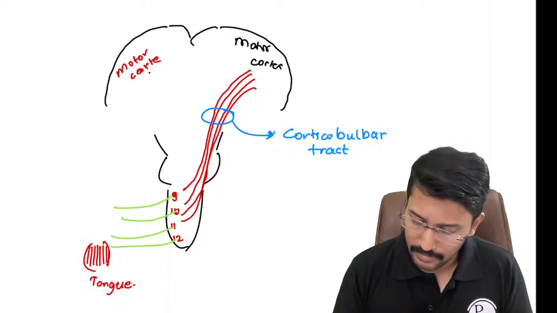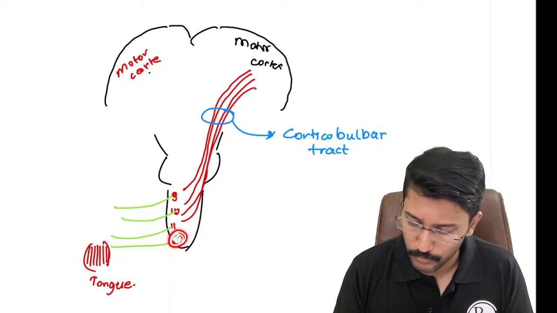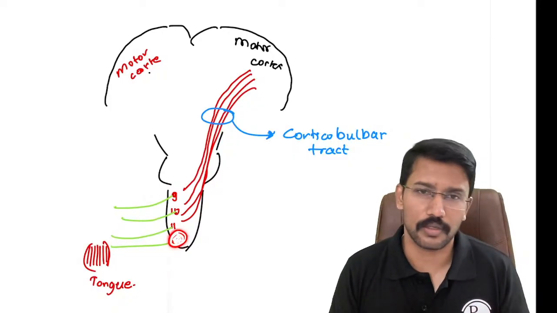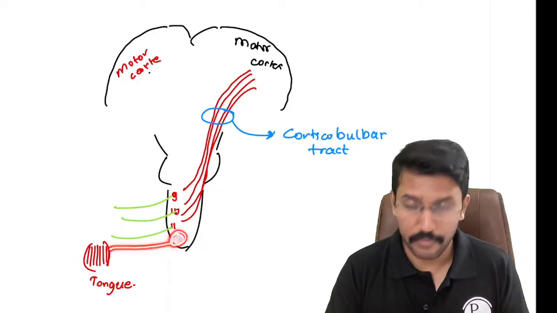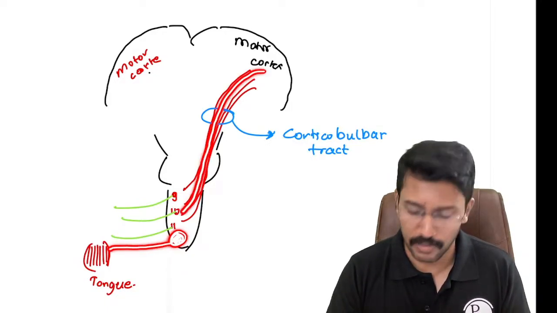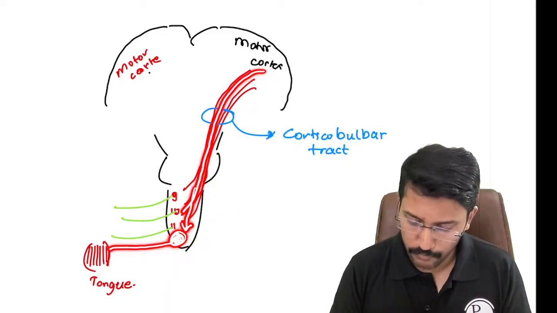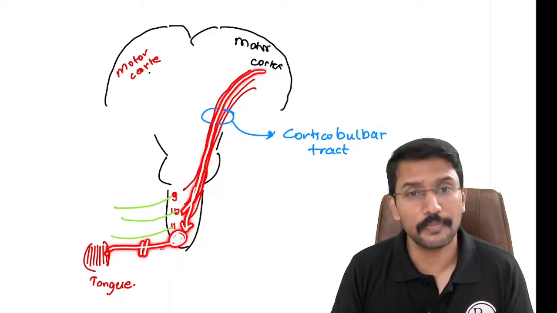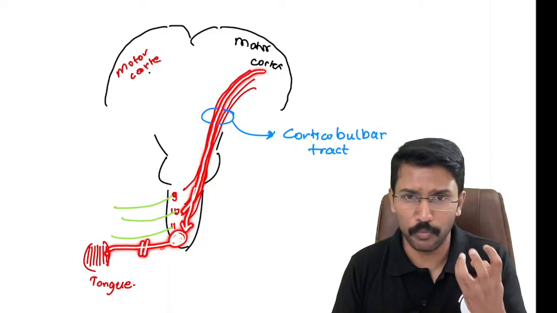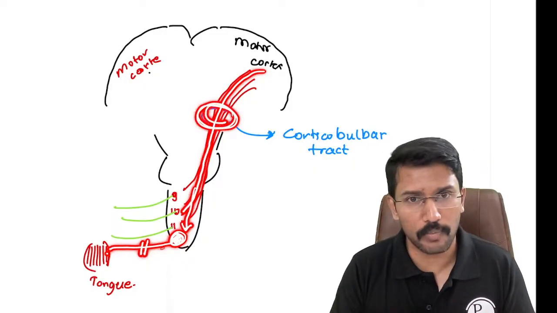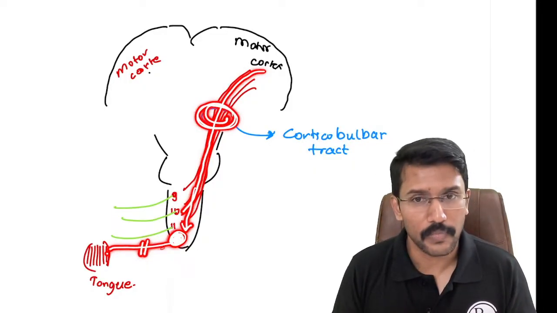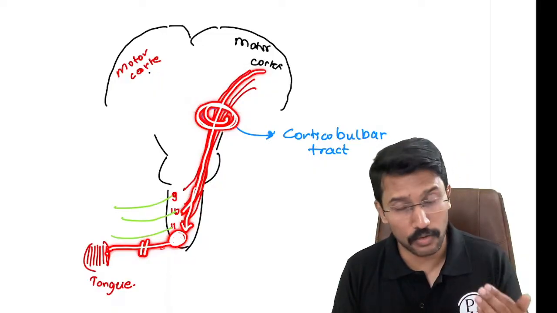And if I directly have a tumor sitting on the 12th cranial nerve nucleus, what is the outcome? Again, the tumor will not let the 12th cranial nerve function fine. Even if from my brain I send the signal, it will come to the 12th cranial nerve nucleus, but from there it will not be able to reach the muscle. So tongue movement will be lost there also. In both cases, whether the damage is in the corticobulbar tract or in the cranial nerve nuclei, the tongue muscle has lost its function.